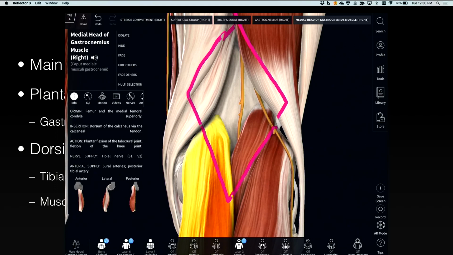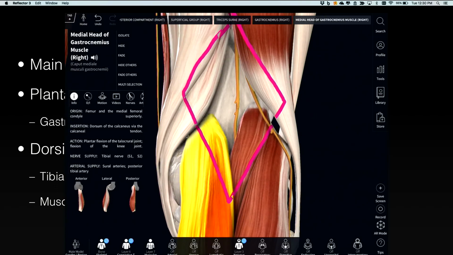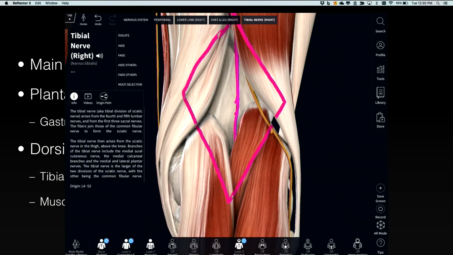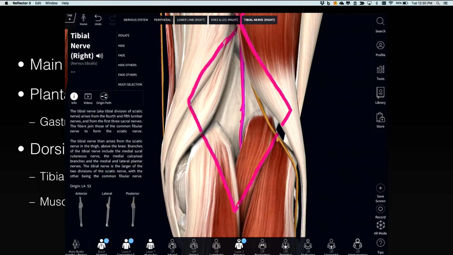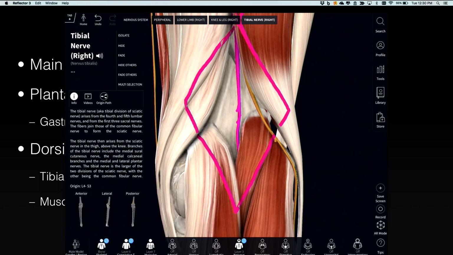So what do we see in this area? Well, obviously, there's a nerve running through here, which is the tibial nerve, right down the middle. Easy to define. But that's not the only nerve. And this is going to be important as we look towards the front of the leg.